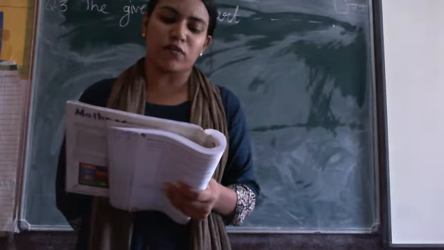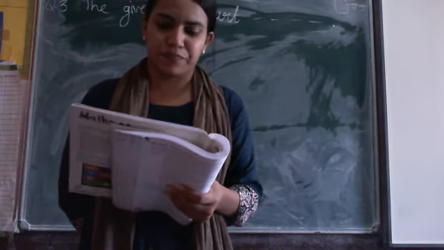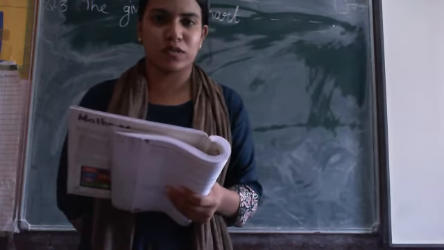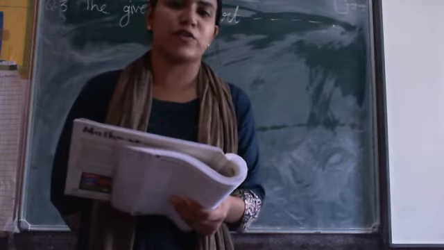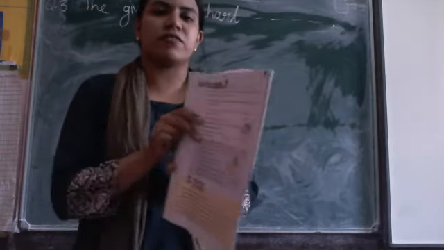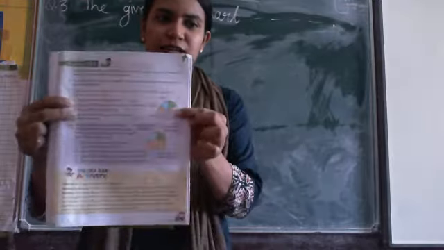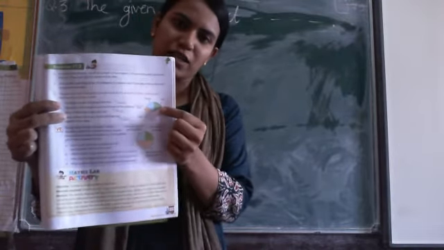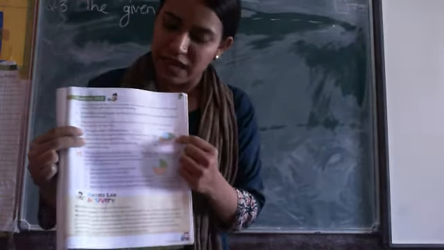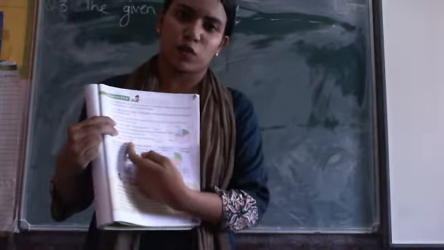State true or false based on the given data. Here what you need to do is answer true or false by observing this pie chart. This pie chart is already given in your book. Observe this pie chart and answer the following questions.